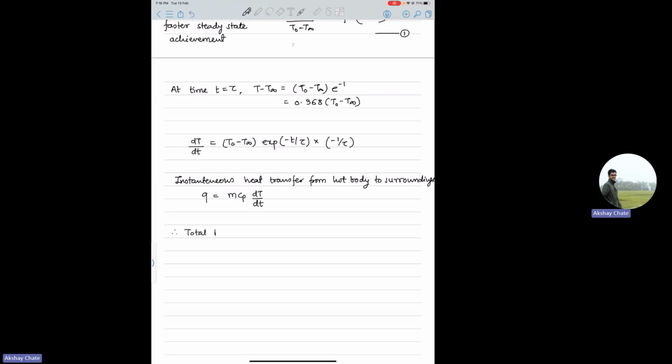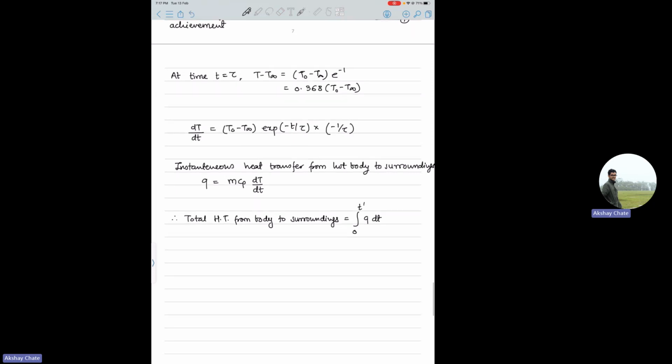And the total heat transferred from the body to surroundings will be nothing but the integration of q dt from 0 to some time, whatever time you want to take. We'll put capital T, but capital T represents the temperature, so we'll put t prime. That is your final time, till what time you want to calculate. If you do the calculations, I'm not going into detail, but it should not be that difficult.